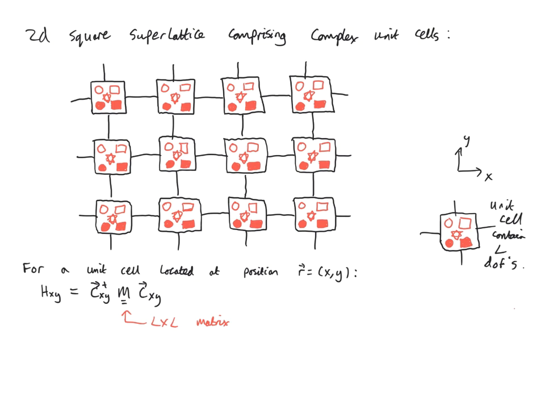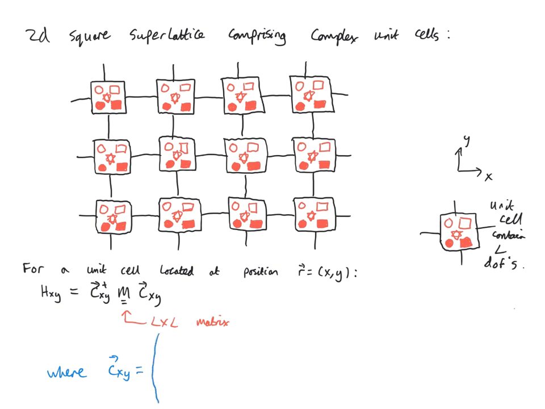So let's just write down what these various things in the Hamiltonian look like. We have a Hamiltonian for the unit cell that's Hxy. Let's write down our operators cxy.